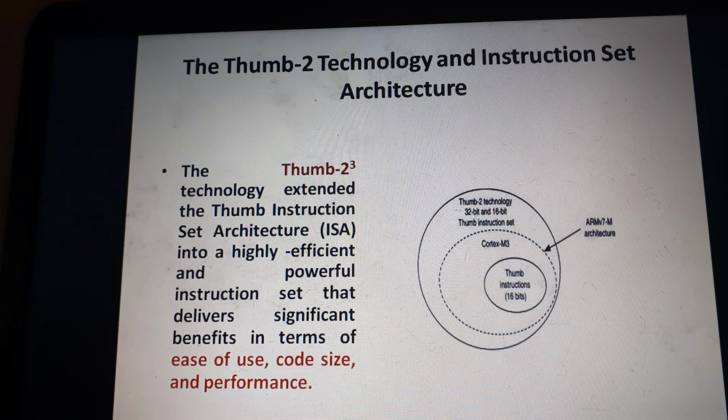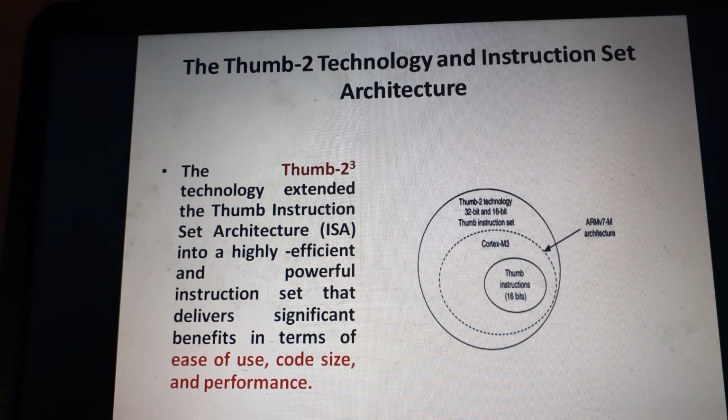To execute ARM instructions, the processor should be in ARM state. But the traditional Thumb instruction set does not include instructions to handle complicated operations as well as decision taking operations.